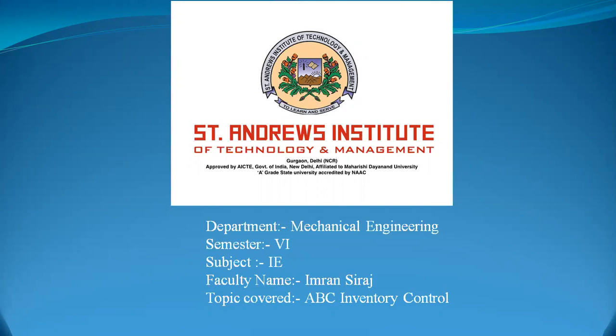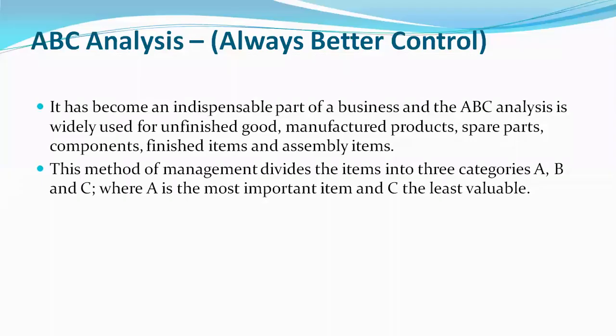So we have to make a reserve balance, an optimum level of inventories, so that work is not disturbed and supplies are smooth, so work is smooth. So we'll be discussing different models today.